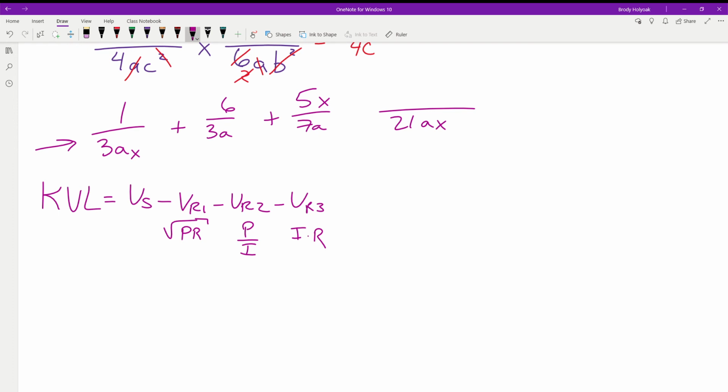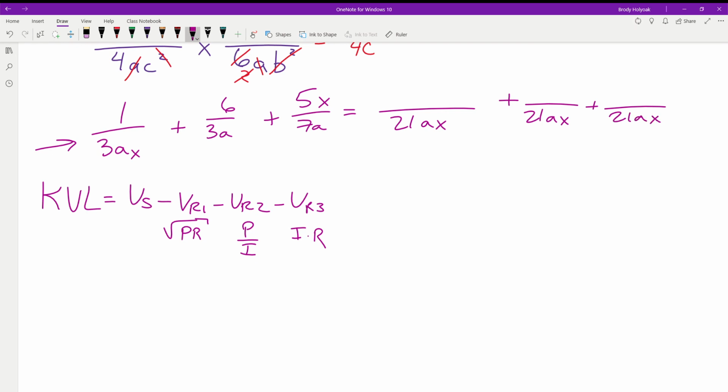You're on the right track. You're on the right track. So basically, this is what we have to get the denominators to so we can add them together. So we're going to end up with 3 terms all over 21ax.